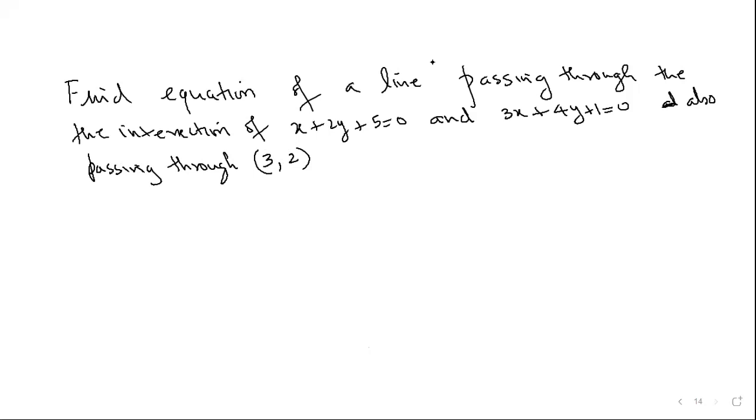Make a rough diagram. Draw one line like this, draw another line like this. Write the equation of this as x plus 2y plus 5 equal to 0, and the equation of this as 3x plus 4y plus 1 equal to 0.